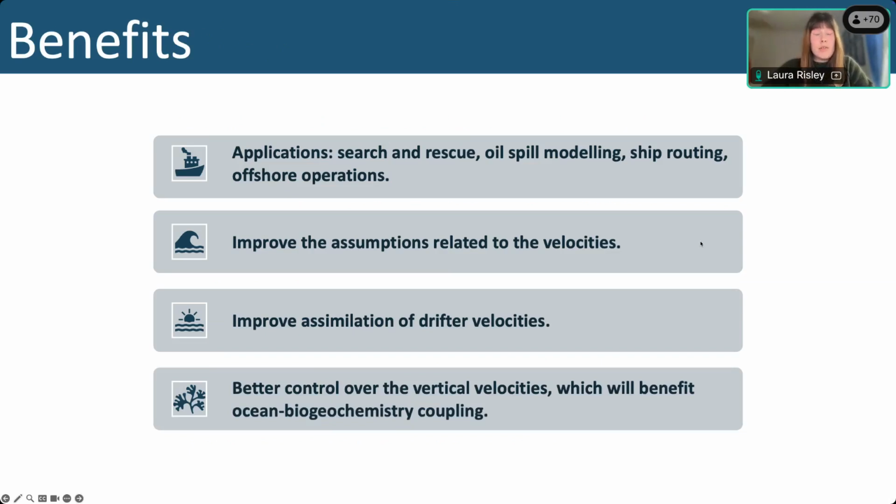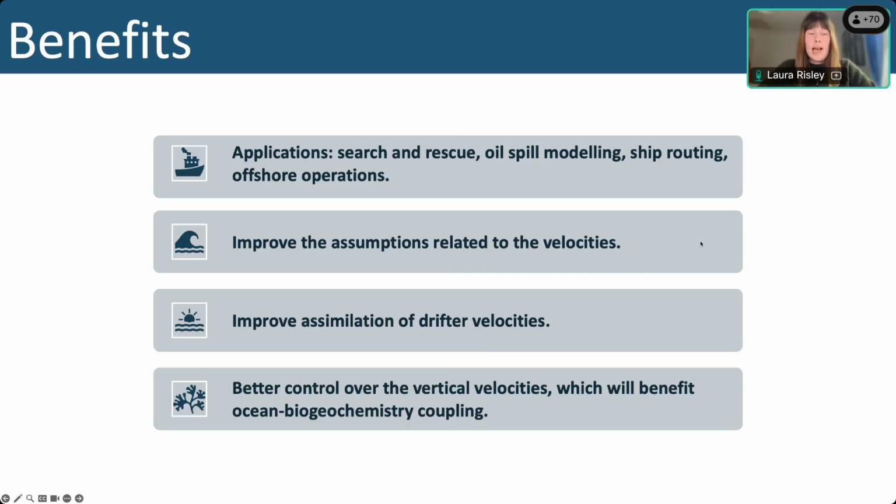Secondly, we hope that we can reduce the number of assumptions that are made related to the velocities. Additionally, there are velocity observations that can be derived from near-surface drifter positions, giving estimates of 15-meter depth currents, and so our proposed variable should hopefully also be useful for improving the assimilation of these drifter velocities.